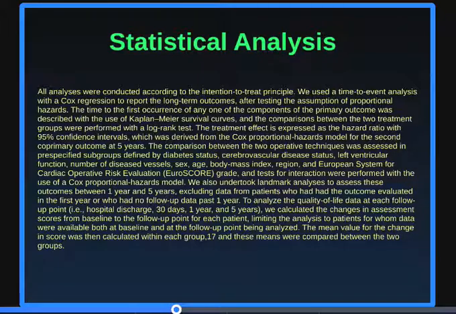To analyze the quality of life data at each follow-up point, we calculated the change in assessment score from baseline to the follow-up point for each patient, limiting the analysis to patients for whom data were available both at baseline and at the follow-up point being analyzed. The mean value for the change in score was then calculated within each group, and these means were compared between the two groups.